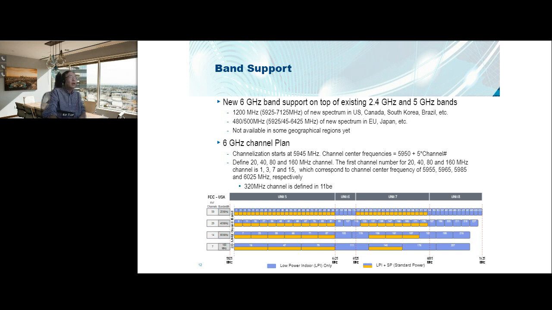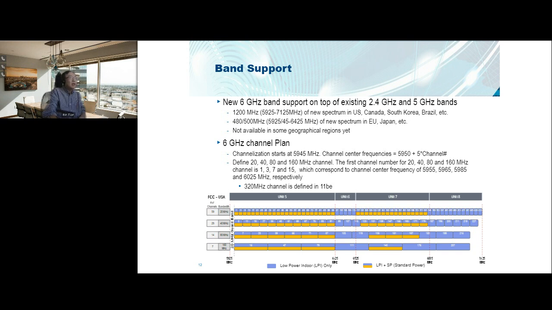In the 11ax timeframe, when we developed the standard, regulatory bodies started to open up the 6 GHz spectrum. This is a big thing for the Wi-Fi industry, because the new spectrum allows much more applications and throughput, and relieves congestion of Wi-Fi.